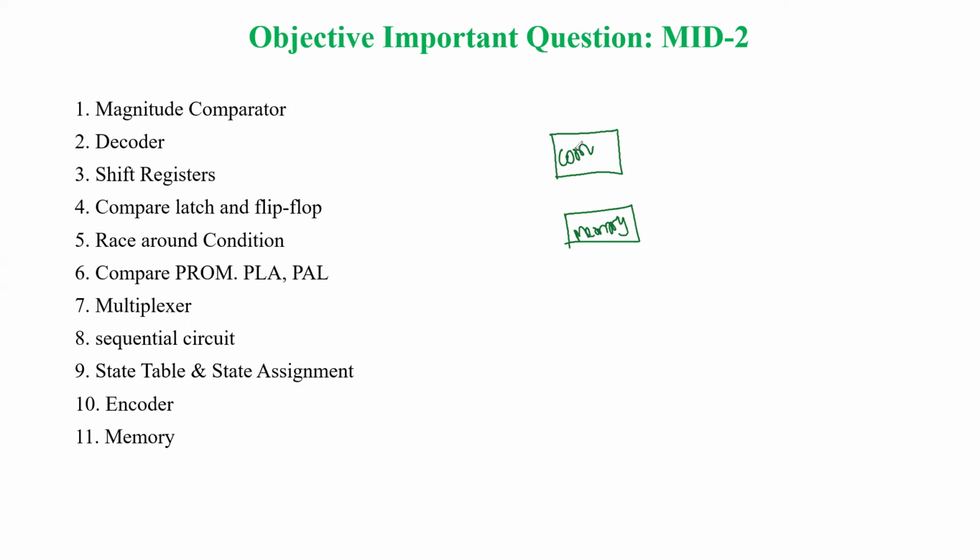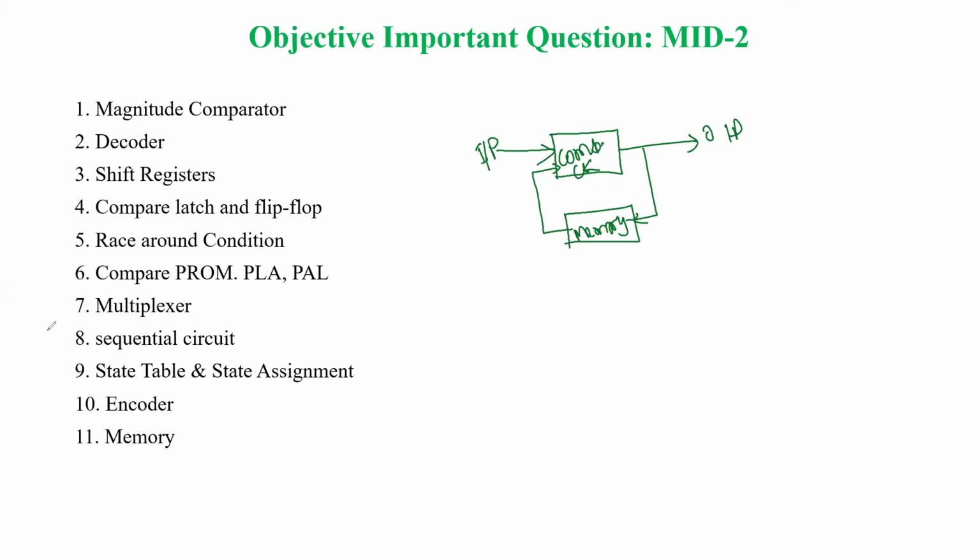And this one is our combinational circuit only. Input is given and finally we get the output. Again, this output is stored in the memory and that output is utilized. An example of a sequential circuit is the flip-flop.